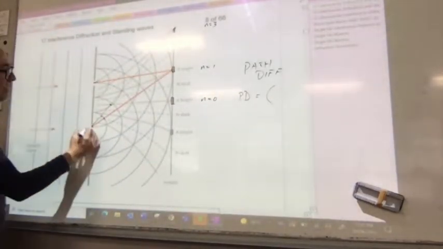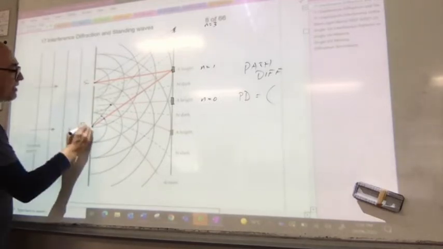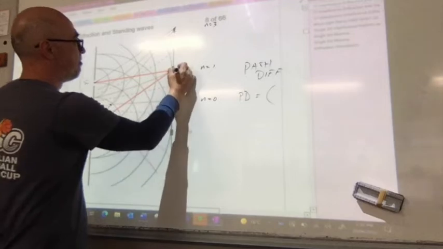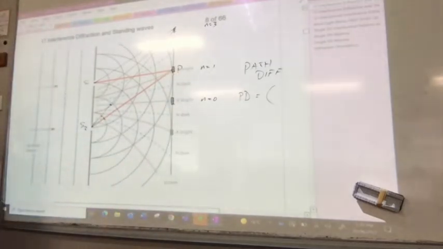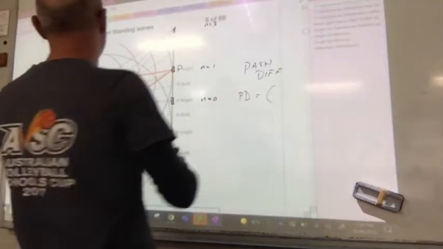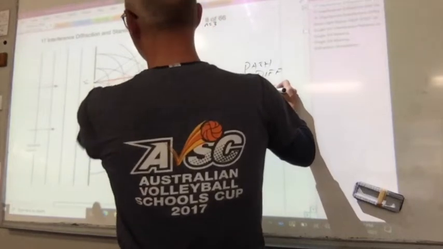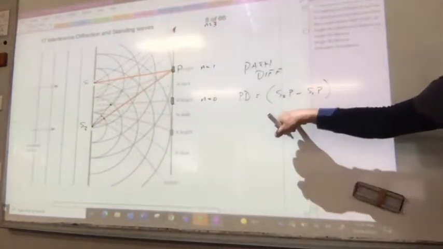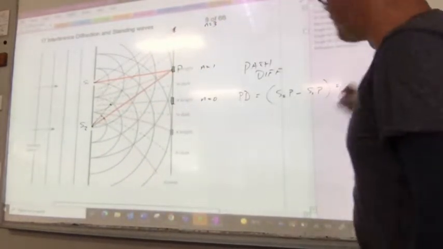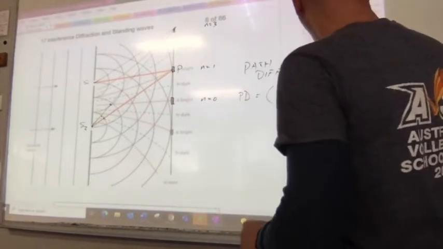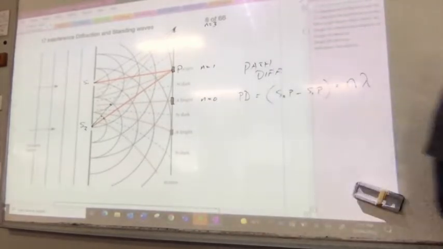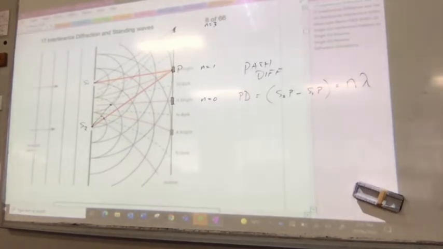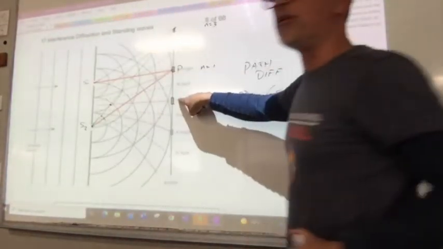They may go, this is S1, S2, and we'll call this point P. So another way that you'll see this expression written is the path difference will be the long one, S2 to P, take away S1 to P. For a bright band, it should be a whole number of lambdas. So if you want to know what's the path difference between S1 and S2 and the middle band.